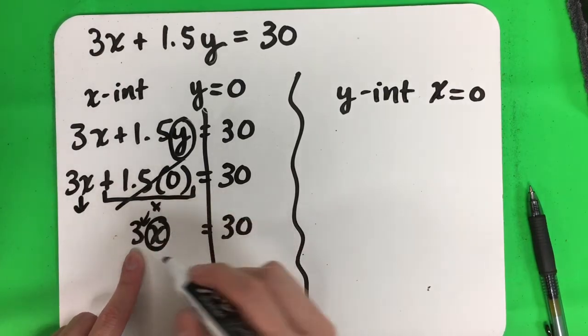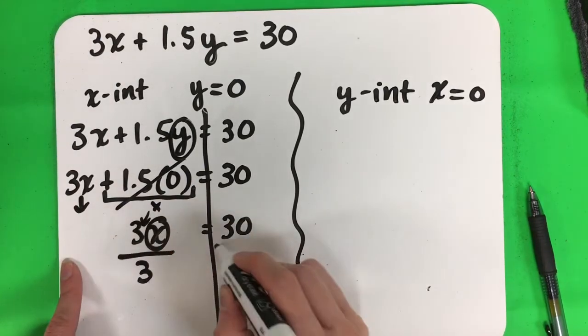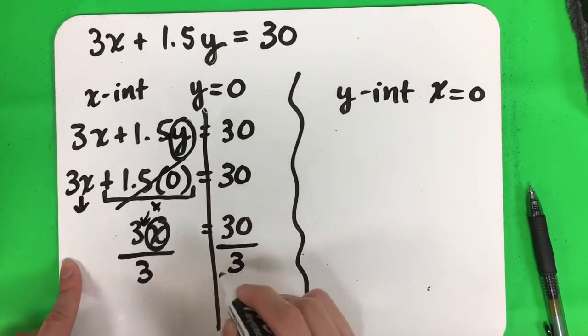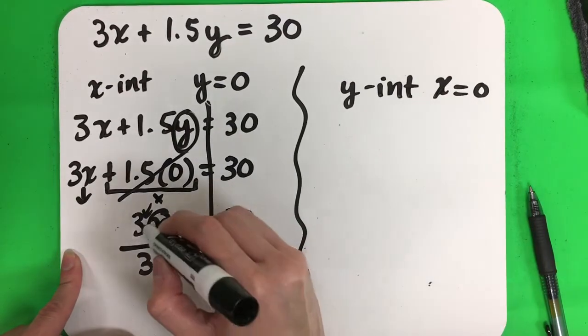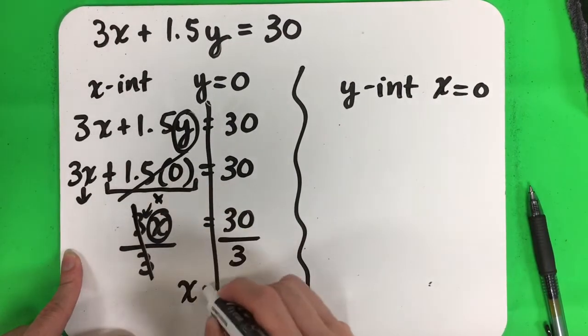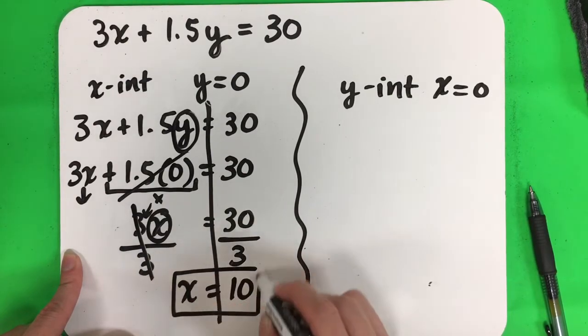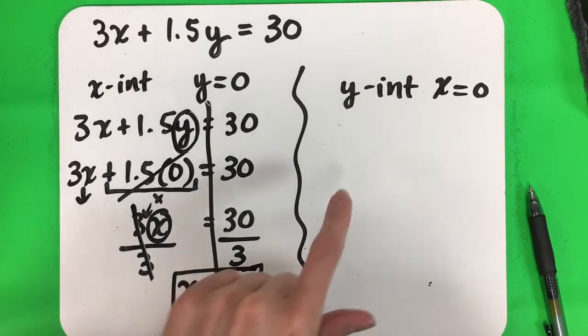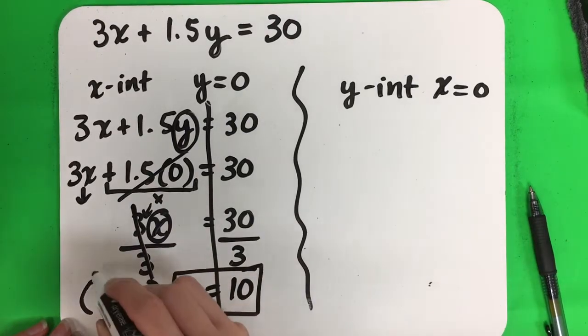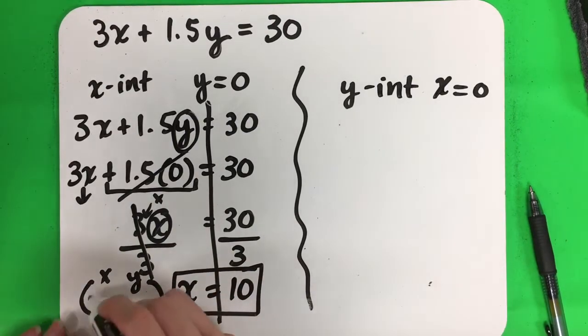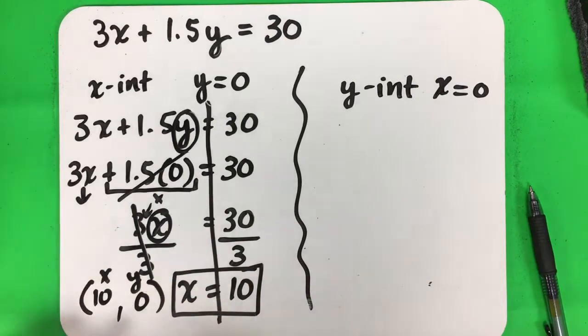Nothing in the middle is multiply. Opposite is divide by 3, both sides. 3 divided by 3 cancels. So you get x equals 30 divided by 3 is 10. And let's write it. x is 10, y is 0.